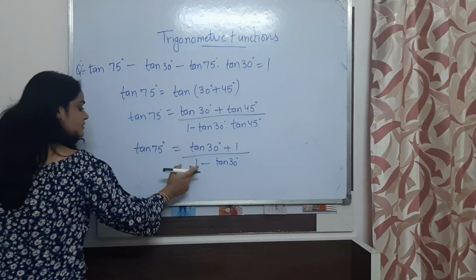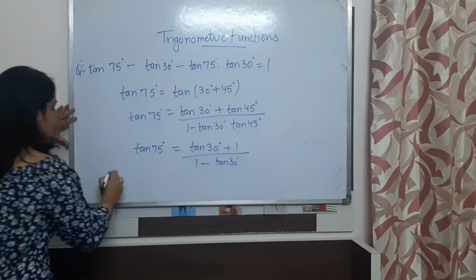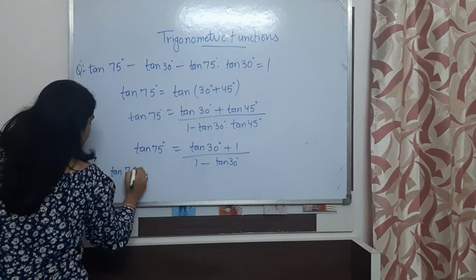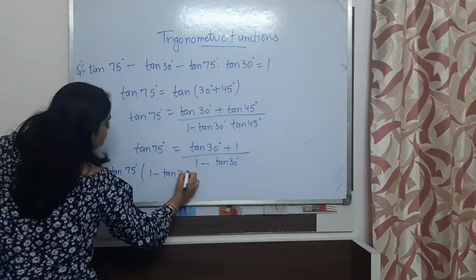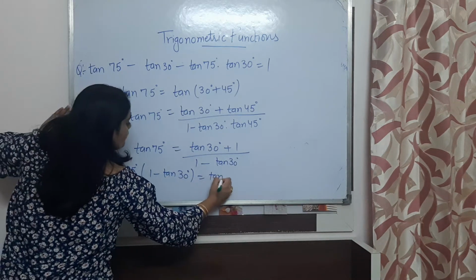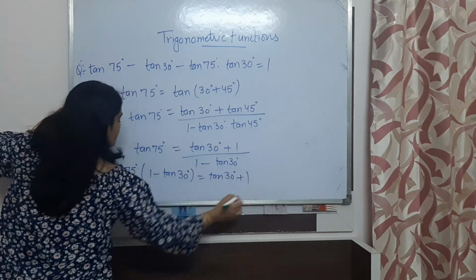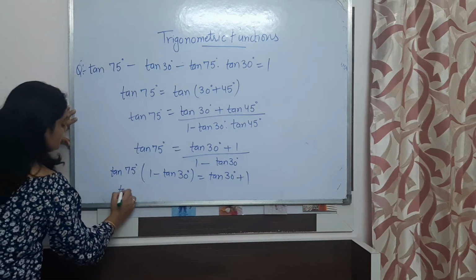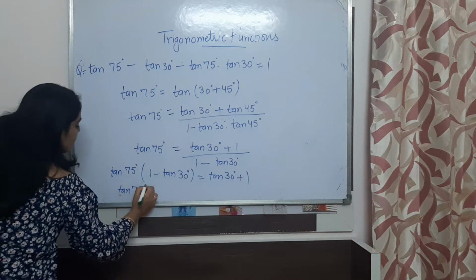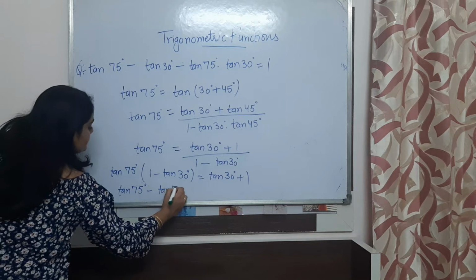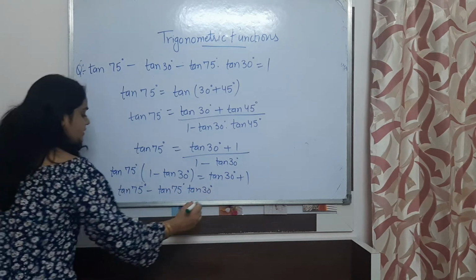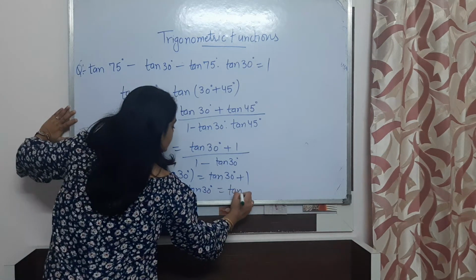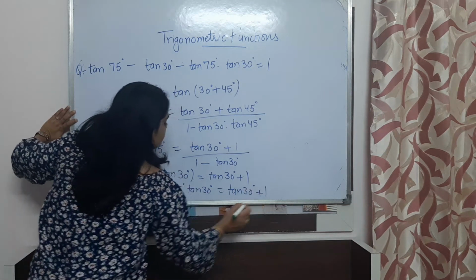Now of course it is in division. When it goes to this side, it will come with a multiplication symbol. So tan 75 multiplied by 1 becomes tan 75 minus tan 75 into tan 30 is equal to tan 30 plus 1.